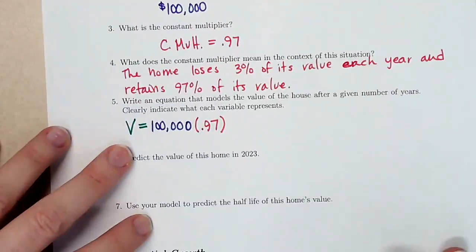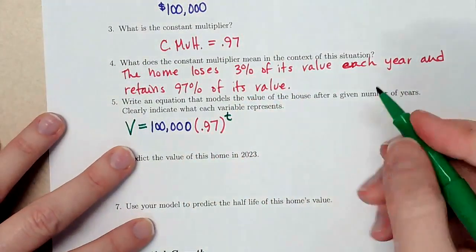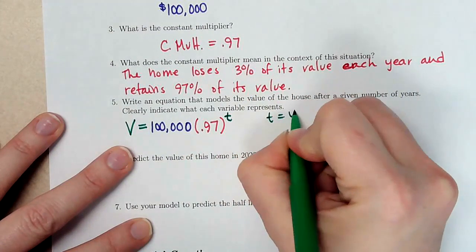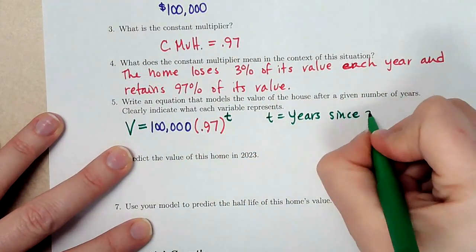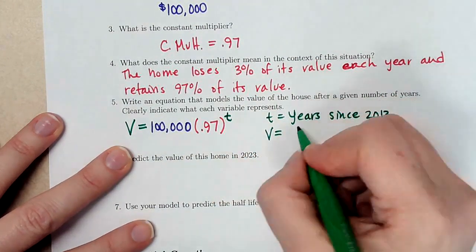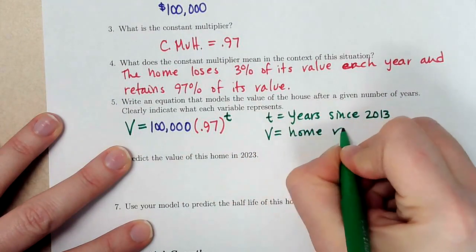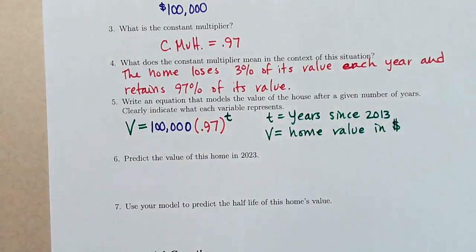I'll use T for time. So T equals years since 2013 in this case, and V equals the home value in dollars. Got it.